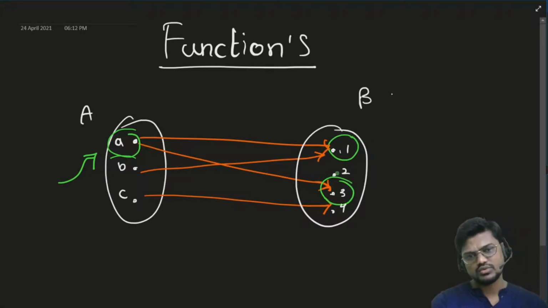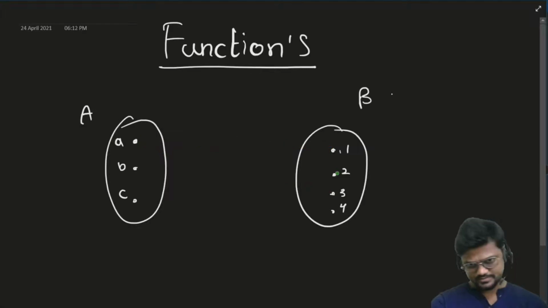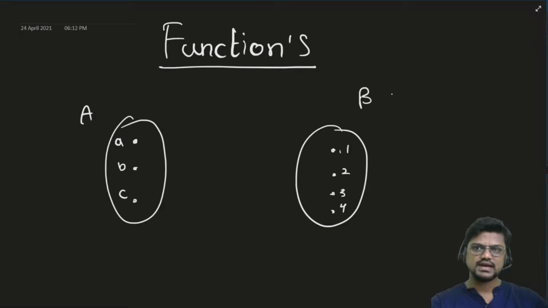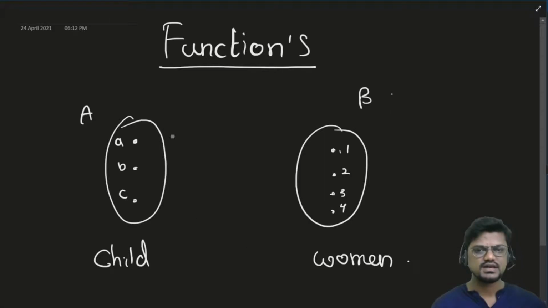Now how to do this properly? See, I'll give you how we can do it. If you consider these elements as child and these as woman, then it will be very clear to you. Suppose these are child and these are woman.